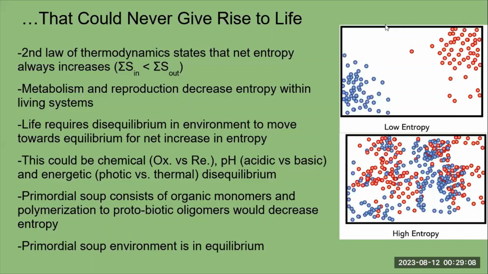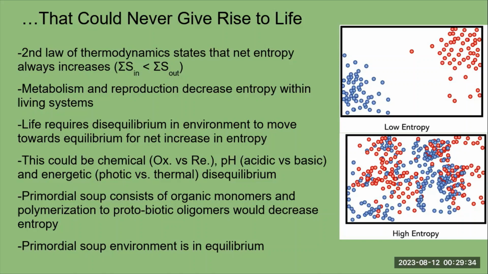But there's a problem with the primordial soup hypothesis. This has to do with the second law of thermodynamics, which states that the entropy of a system must always increase. Metabolism and reproduction decrease the entropy in living systems, and as such, life requires an environmental disequilibrium to move towards equilibrium for a net increase in the total entropy of the system.